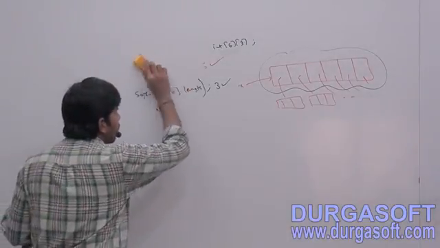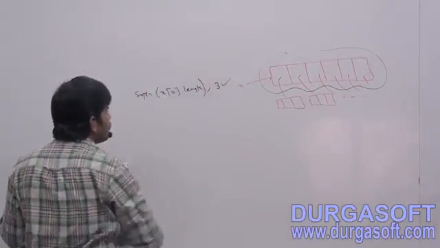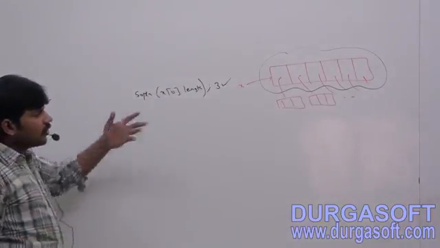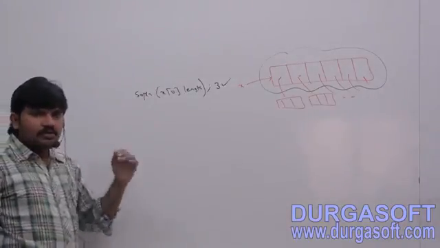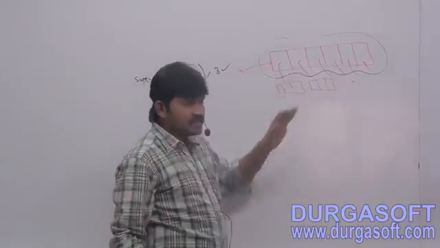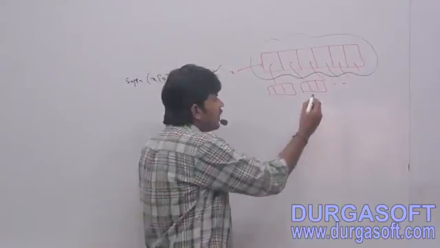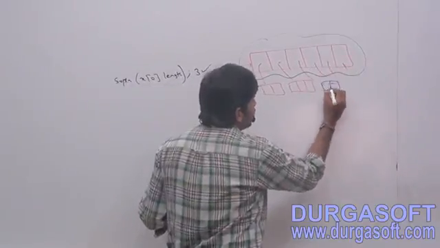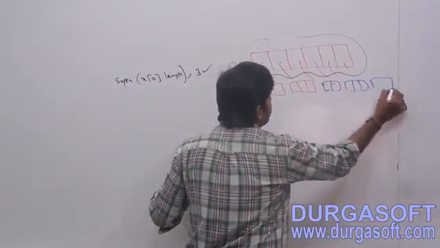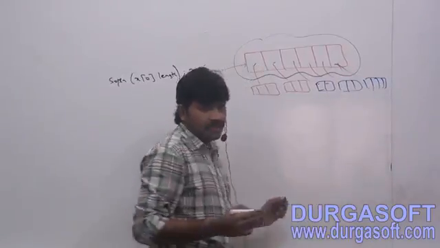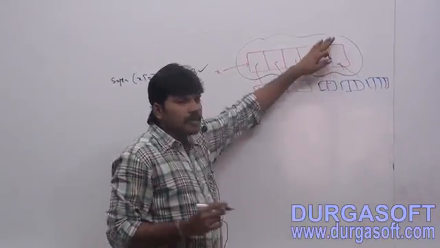Next, there is no direct way to find the total size. The reason is that in multi-dimensional arrays, the next level size is not fixed. Sometimes 2, sometimes 3, sometimes 4. That's why we can't fix it.